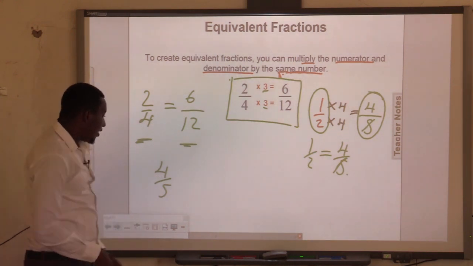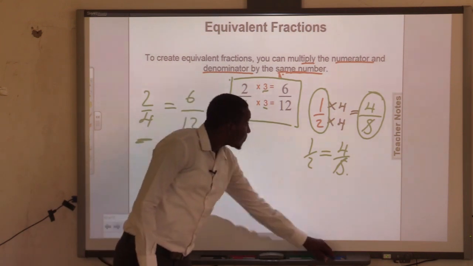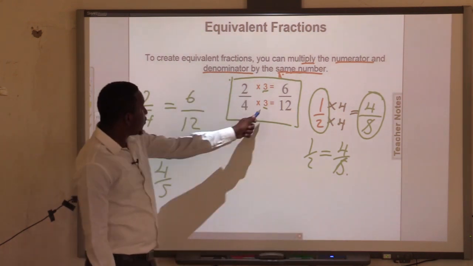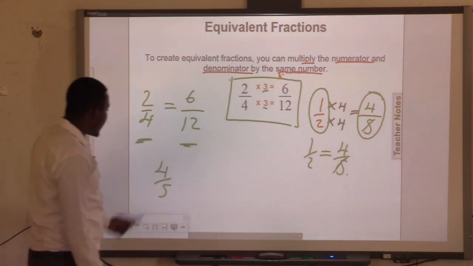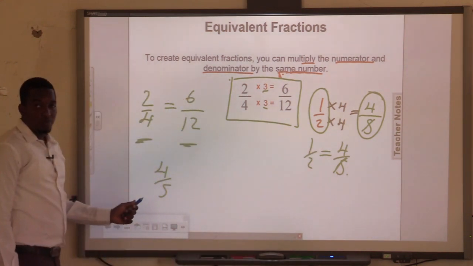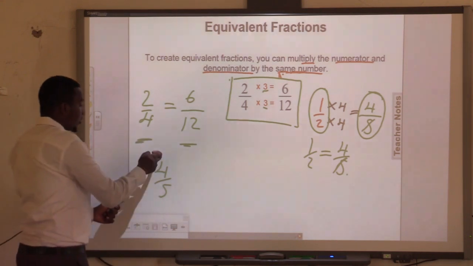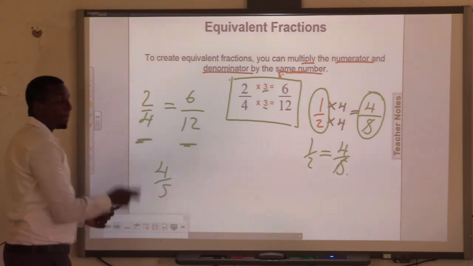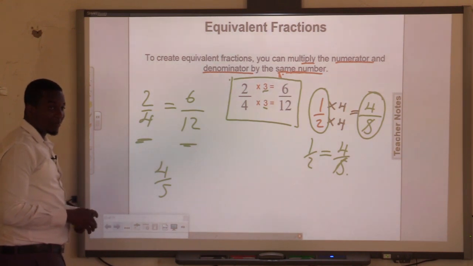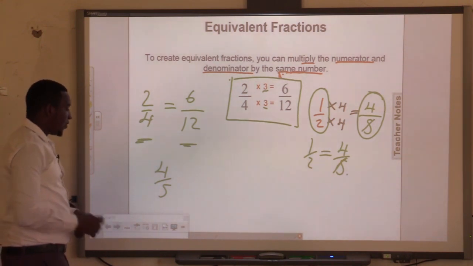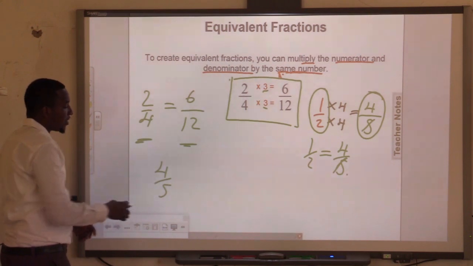So this time, let's see what number we will be multiplying by. In this other example we multiplied by 3. In this other example we multiplied by 4. So let's see whether we can multiply by 2. We are going to multiply the numerator and the denominator by 2 in order to create another equivalent fraction. So what we have is 4 all over 5.